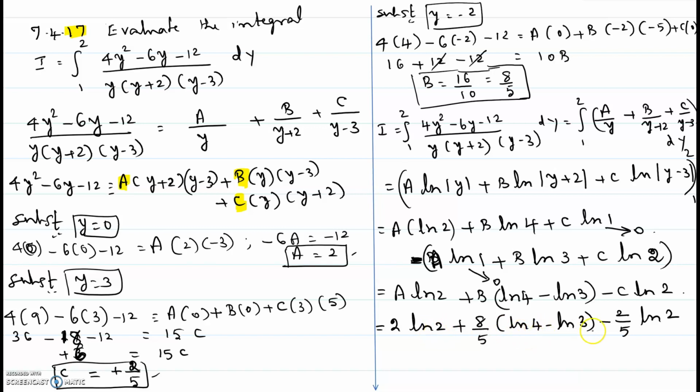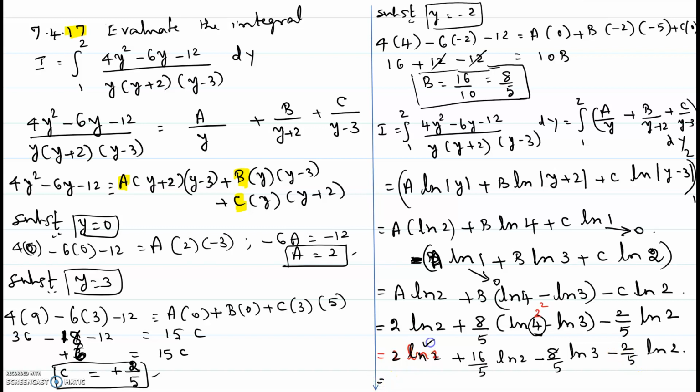Even though we have ln 2, ln 4 and ln 3, you can write ln 4 in terms of ln 2 by writing 4 as 2 squared and bringing the 2 in front by using the logarithmic property. So it is 2 ln 2 plus 16 over 5 ln 2 minus 8 over 5 ln 3, if you distribute the 8 over 5, minus 2 over 5 ln 2.